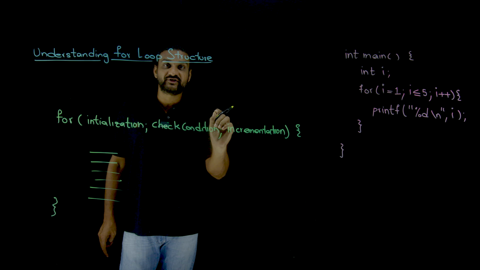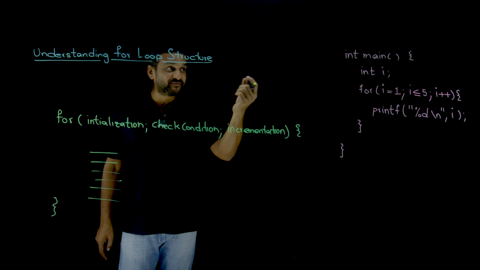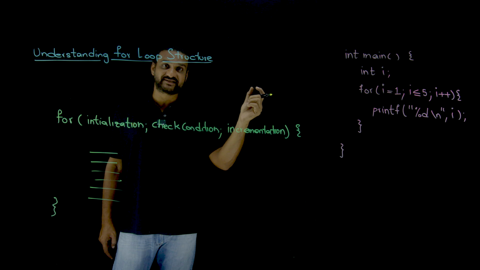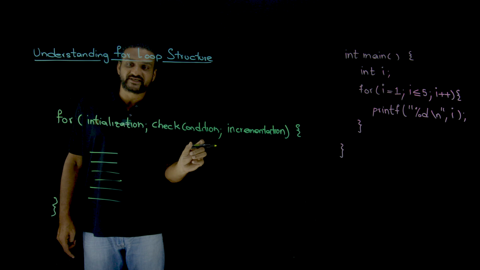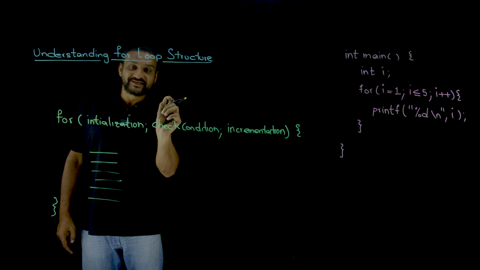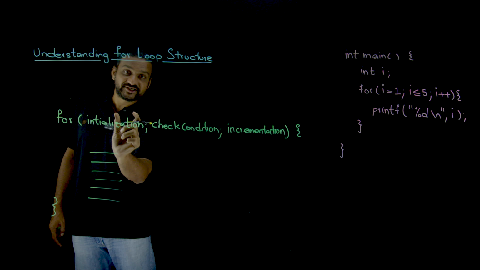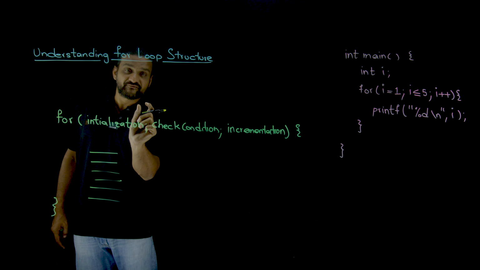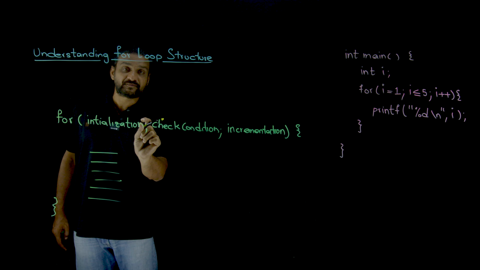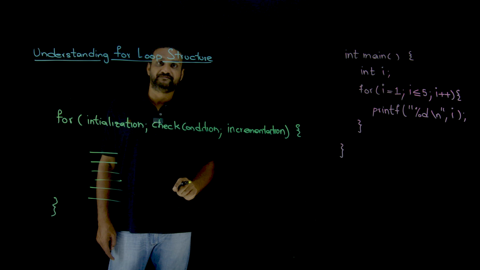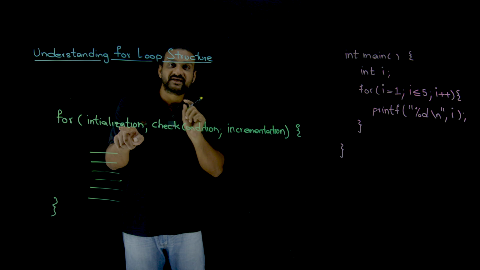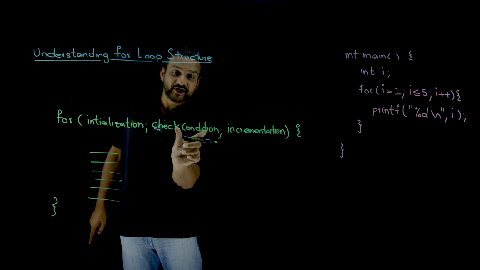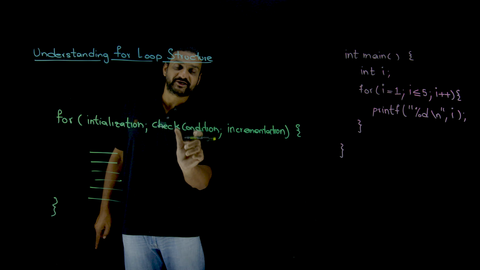So make a note of this. We will understand that concept by using that example. The important point is the initialization part is executed only whenever we execute the for loop for the first time. Once the initialization is done, we are going to go into this check condition statement.